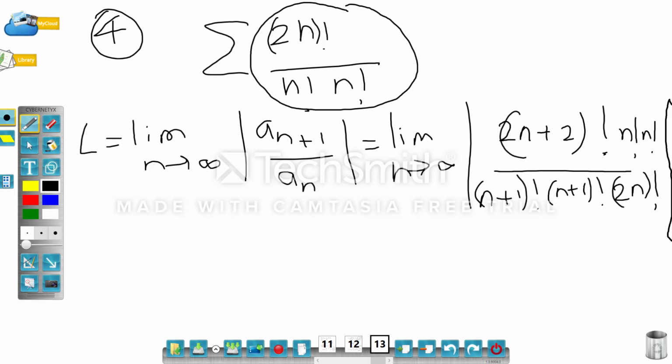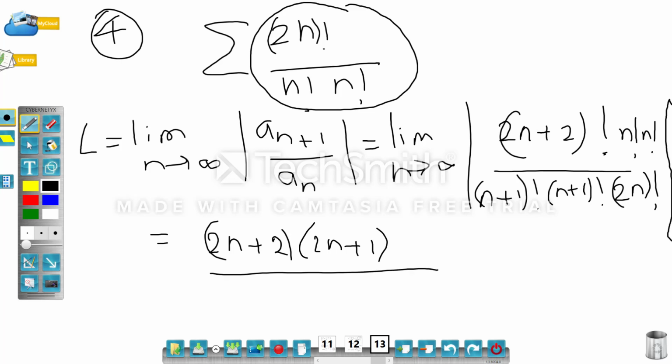So (2n plus 2)! is the same as (2n plus 2) into (2n plus 1) into (2n)!. So (2n)! and (2n)! will get cancelled, but I will have (2n plus 2) and (2n plus 1). Then n! and (n plus 1)!: we could see that (n plus 1)! is the same as (n plus 1) into n!, and n! from the numerator will get cancelled. So we will have (n plus 1) into (n plus 1), of course with the limit as n goes to infinity.